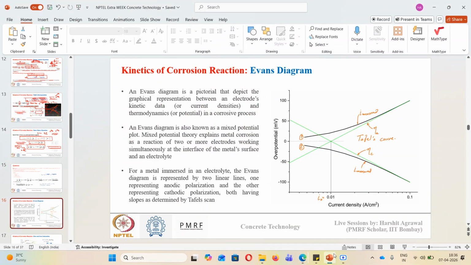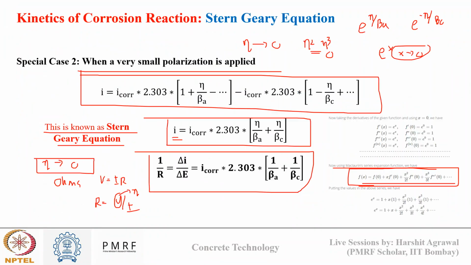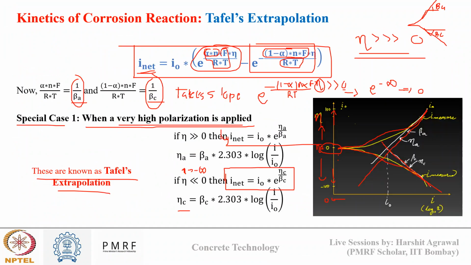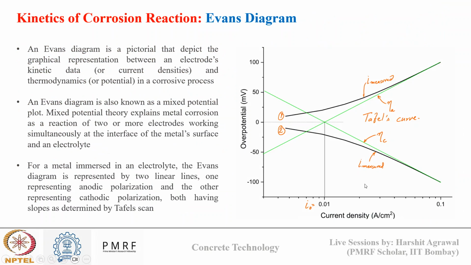Okay, let's move ahead. Now, the straight line that we got from Tafel extrapolation, we have seen in the first case here that when we apply very high overpotential, we get straight lines. This equation tends to go as a straight line. So these straight lines are used to plot what we call the Evans diagram.